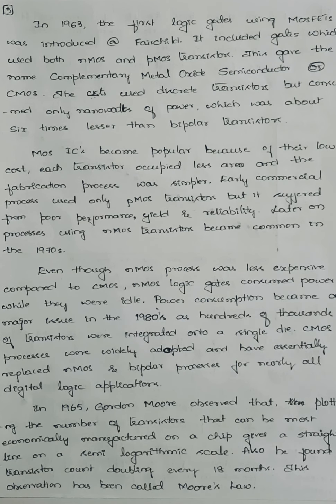Then comes the medium scale integration, MSI. These devices have a complexity of 10 to 100 electronic components in a single package. Decoders, adders, counters, and multiplexers all come under medium scale integration.